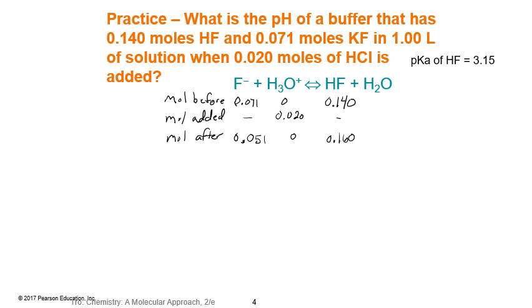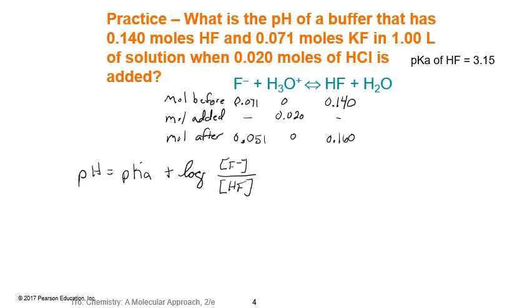Now we can calculate what our pH is going to be, because it's equal to the pKa plus the log of the basic form, which is F minus, over the acidic form, which is HF.